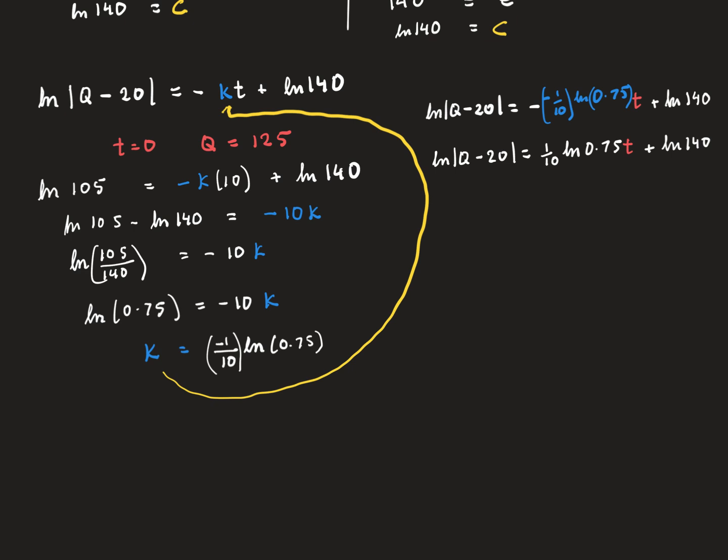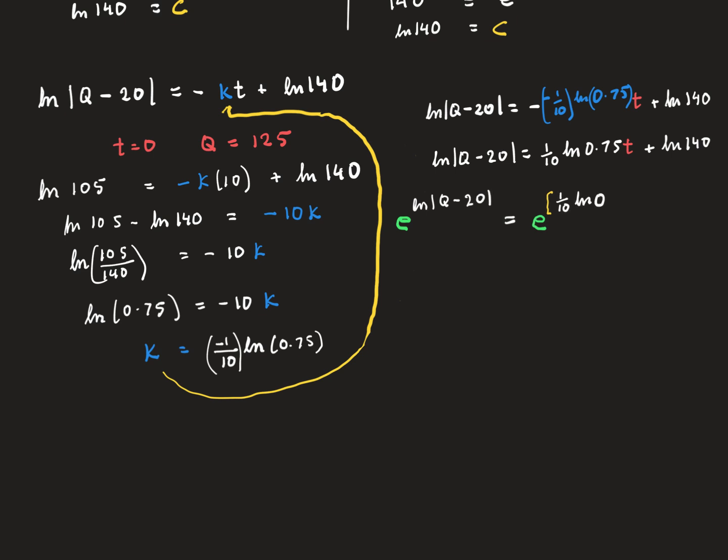So to get rid of the ln on the left-hand side, I'll take it up to the power of e. Now remember that the whole right-hand side has to be raised to the power of e, not just each one individually, so I'll need to rewrite this all here. This allows me to write down that θ minus 20 is equal to e to the power of 1/10 ln 0.75t.